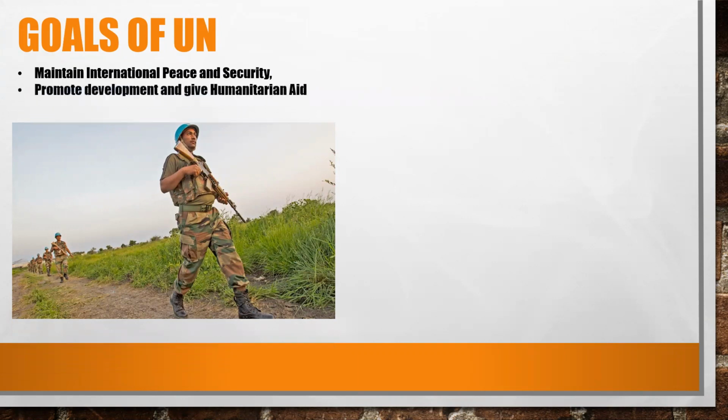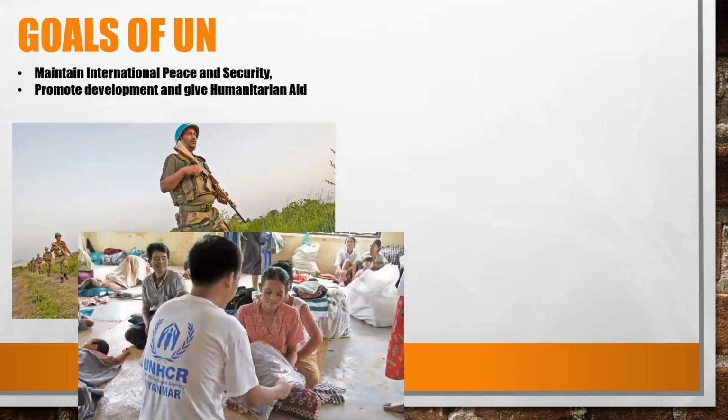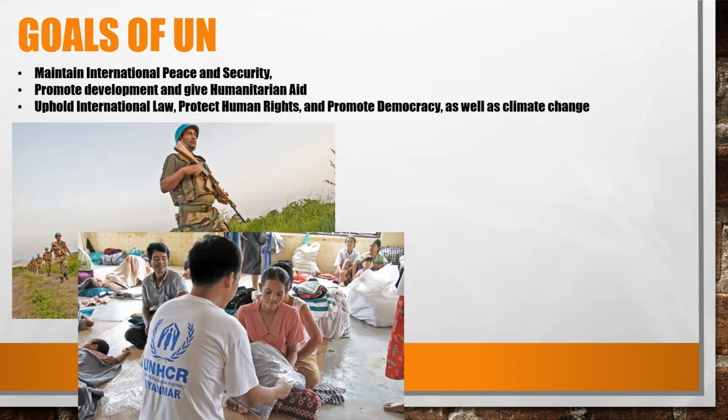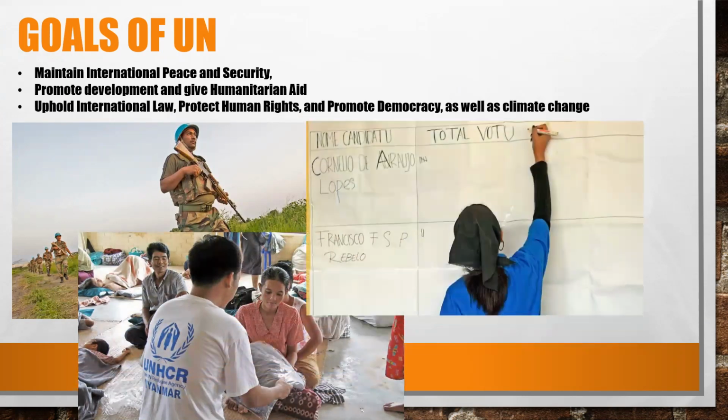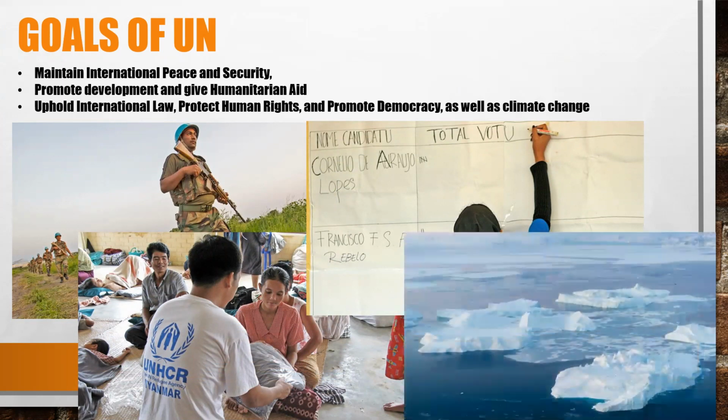But the UN also does a lot of humanitarian aid work, such as giving out food and necessities to poor areas, and more importantly, ensuring everyone is treated fairly and humanely in the world, so that kids can get proper education. The UN is also actively engaged in battling climate change around the world. So you can say they do a lot of good things for the world.